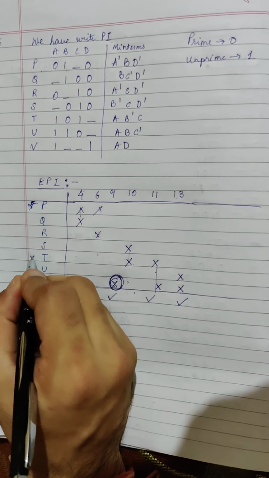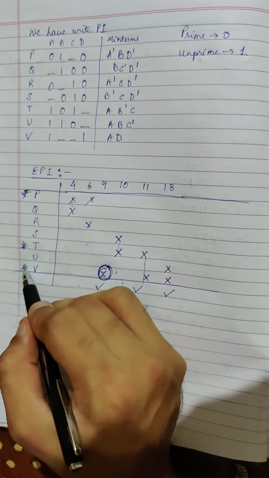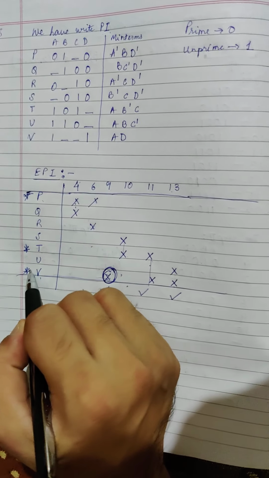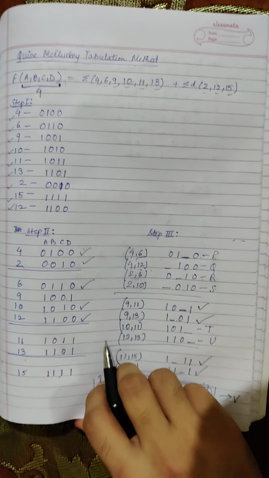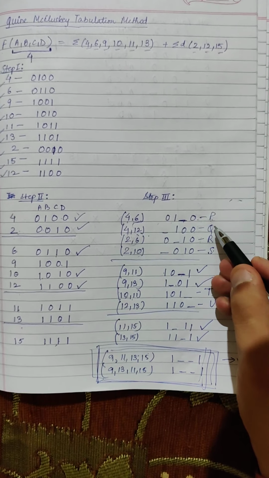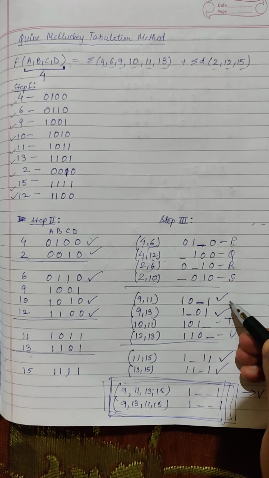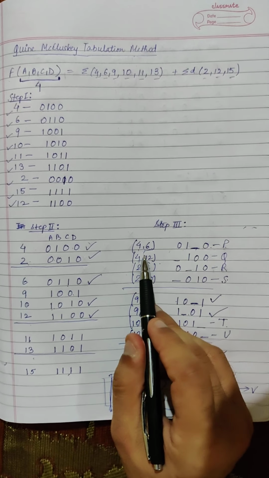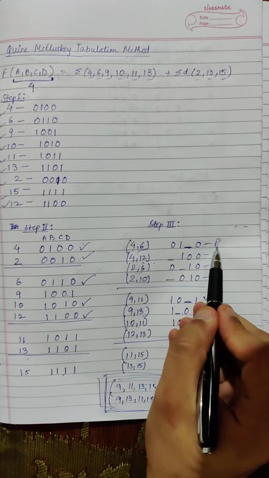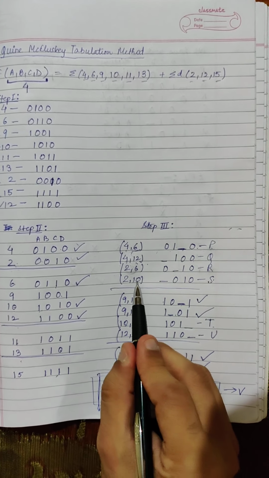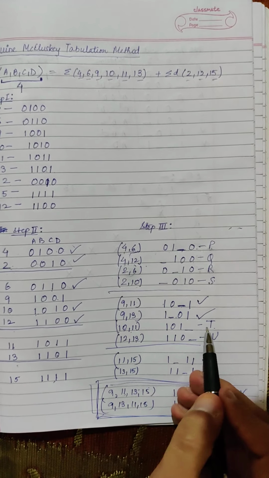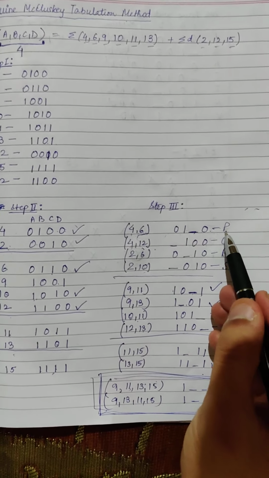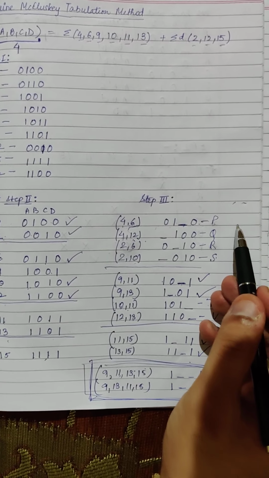So P, T and V are our essential prime implicants.